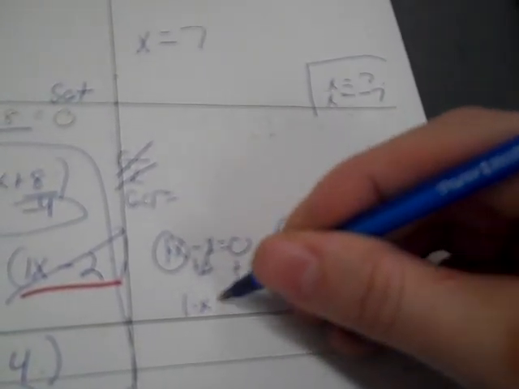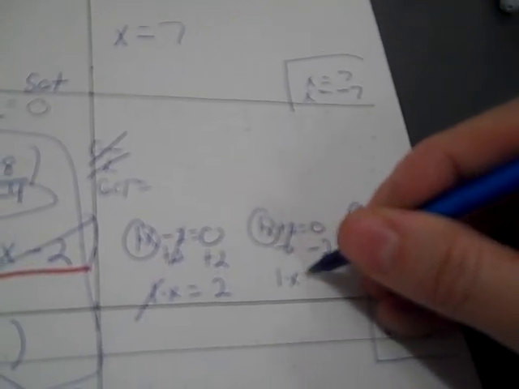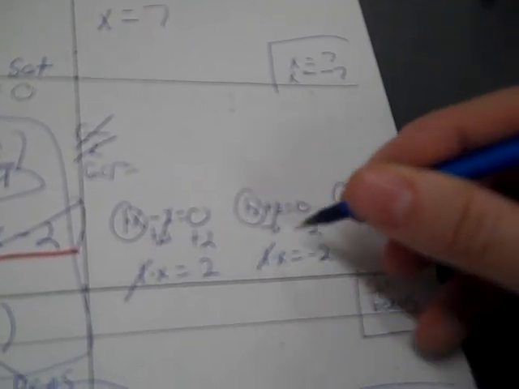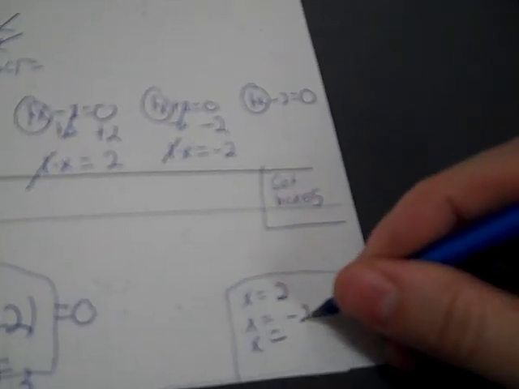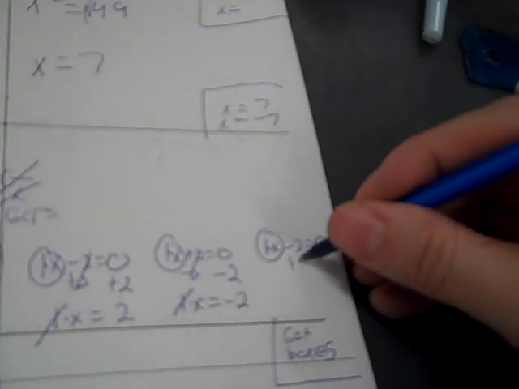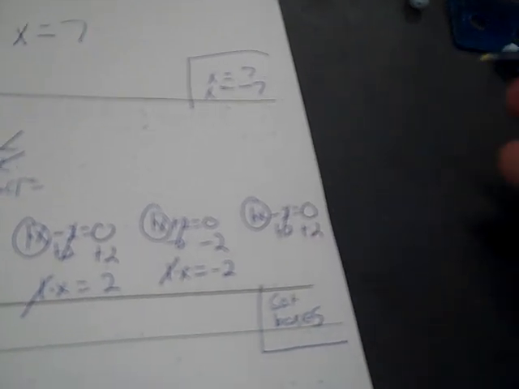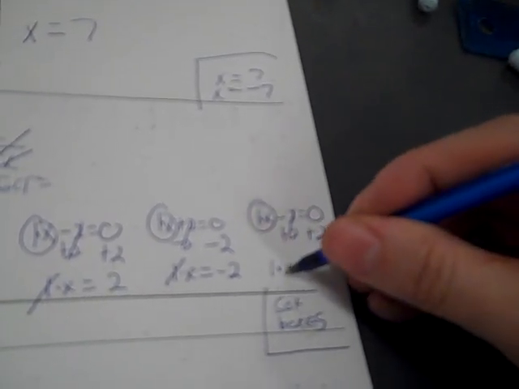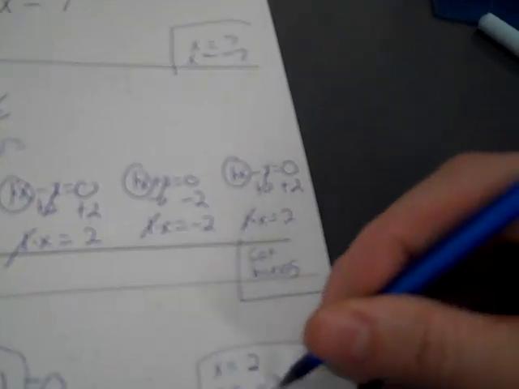I don't need to divide if the multiplier is a 1. So 2. Any other number you have to divide. Again, you get negative 2. You don't need to divide if the multiplier is a 1. So negative 2. And 0 plus 2 is 2. You don't need to divide if the multiplying number is a 1. So those are your 3 solutions.